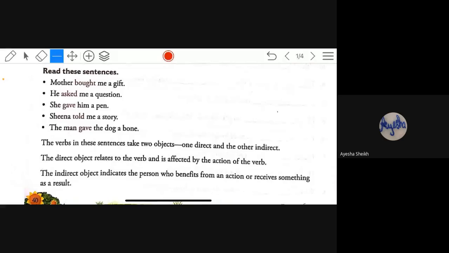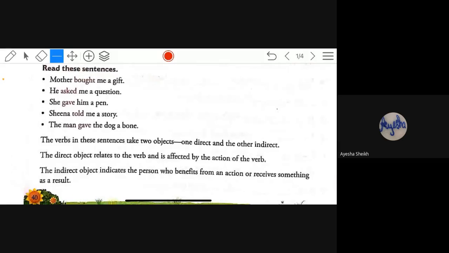There are two objects. My mother bought me a gift. So, what are the two objects in this sentence? Can you tell me what is direct object and what is indirect object? Be quick. What is direct and indirect object over here? Bought. वो तो verb है.